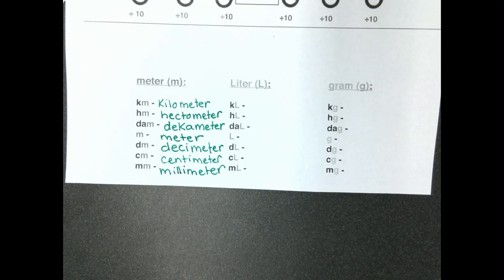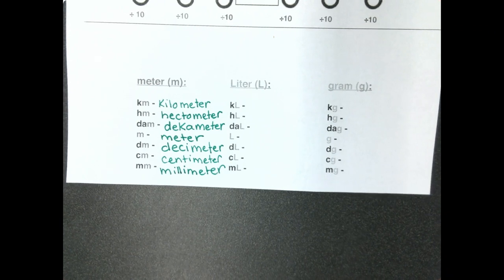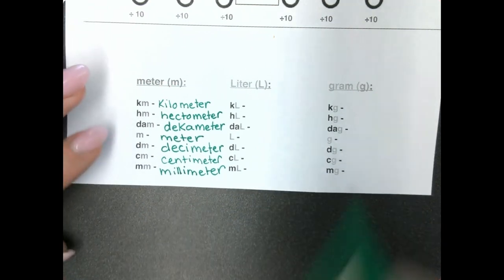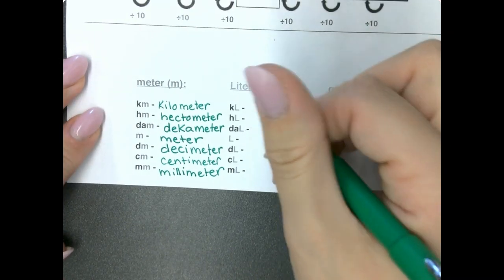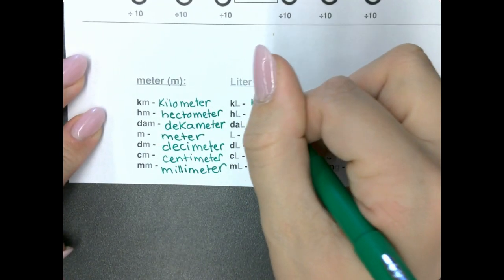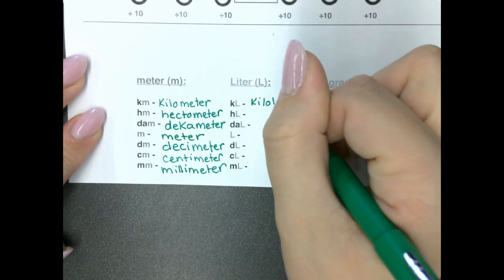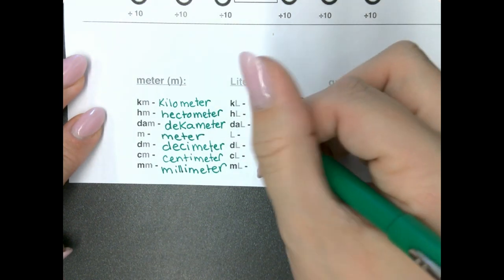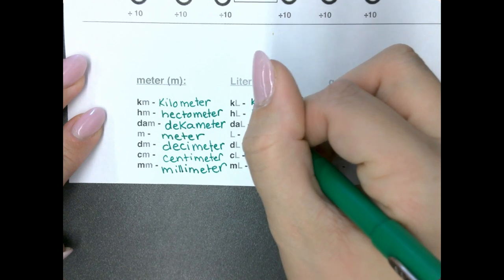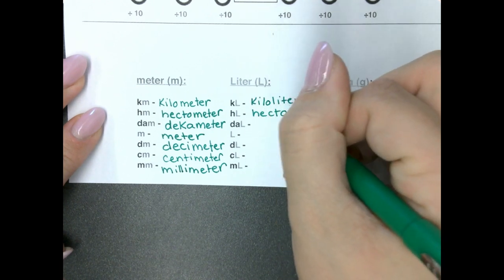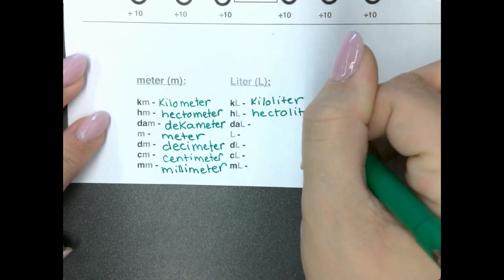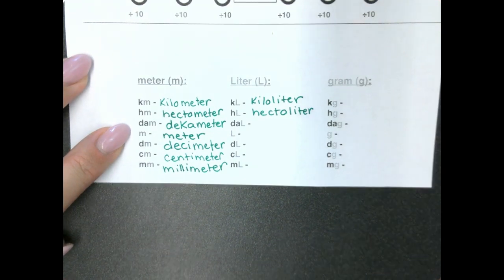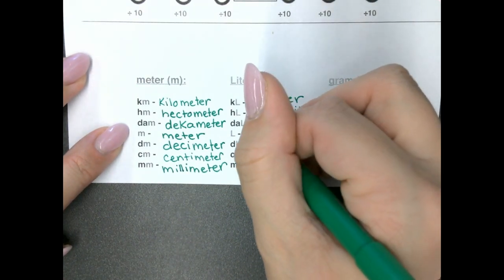Okay, so those are our meters. At the end of our next row, we're going to have the word liter. So this is going to be kiloliter. Next one's going to be hectoliter. Then we have decaliter.